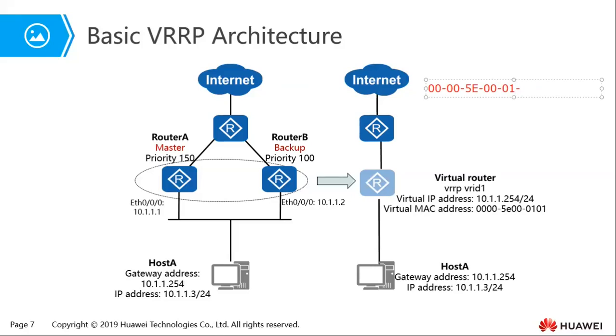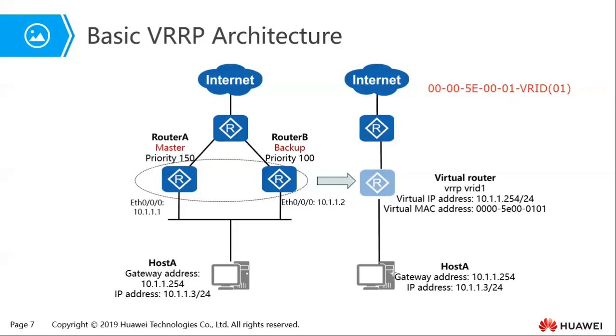Then for the last bit, this is going to be the VRID. For example, if the VRID is 1, then this is going to be 01 in hexadecimal. That is how the virtual MAC address is defined, so that we can reach the virtual router on layer 2. So that is the basics about this particular architecture.